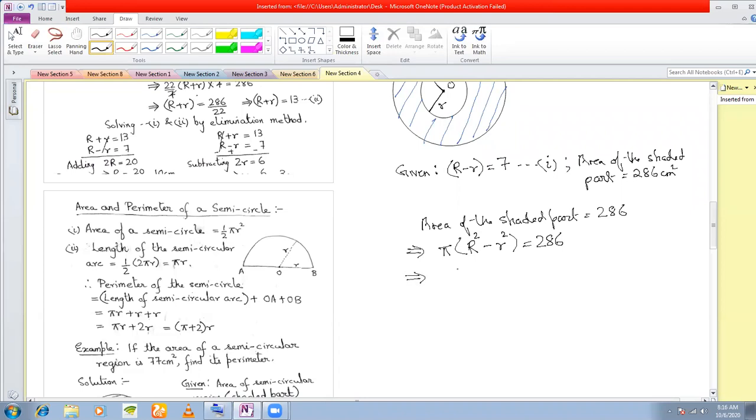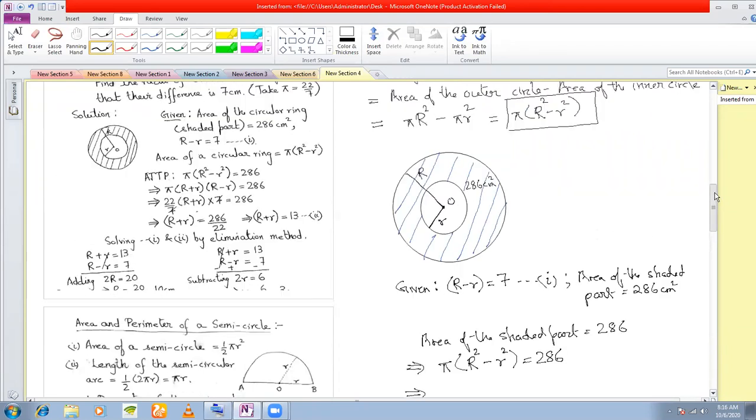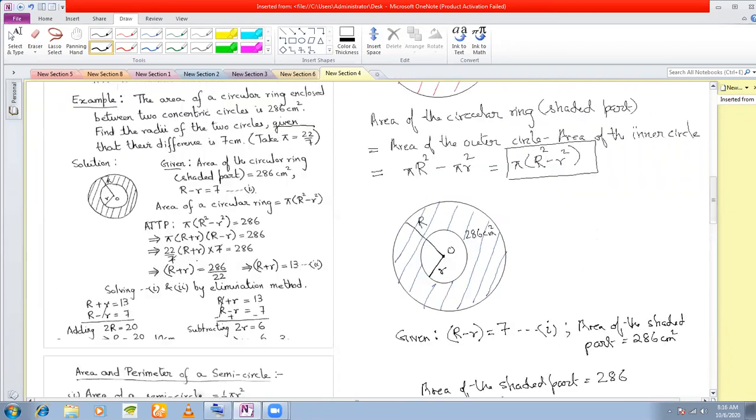So now what you do here is put the value of pi. Here it is given to you, take pi as 22 by 7. In 90% of the questions, it will be given to you to take pi as 22 by 7 or 3.142. If it is given as 3.142, you cannot take the value as 22 by 7. You cannot take the fractional value. You have to take the decimal value and work with it.